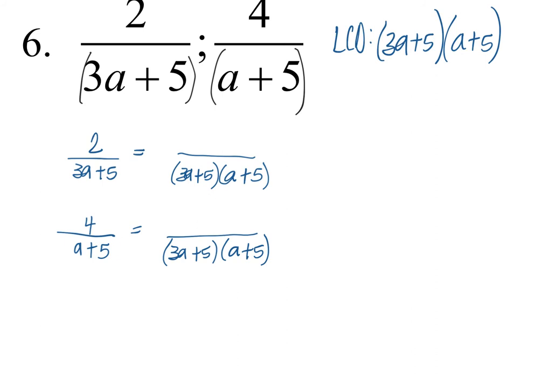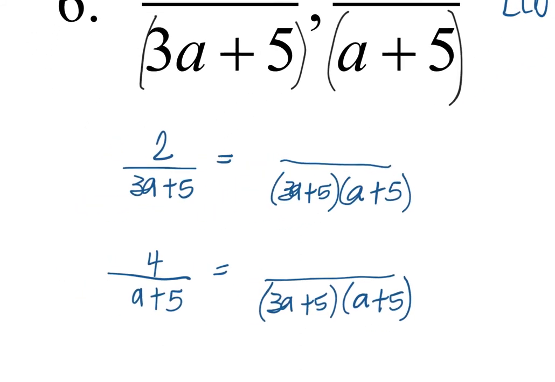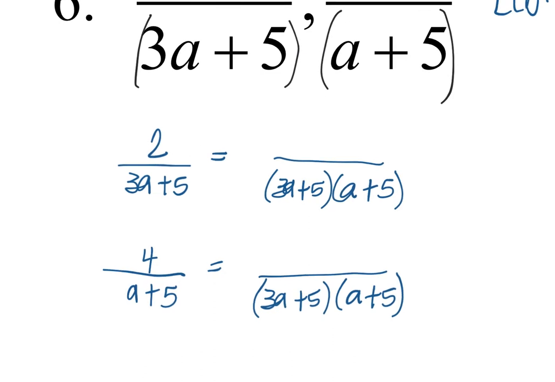So now that we have found that LCD, I want to rewrite both of those expressions so that they have a denominator that is the LCD. So I went ahead and put the new denominator in there. Now I need to think about, what do I need to do to 2 over 3a plus 5? What do I need to do to 3a plus 5 to make it 3a plus 5 times a plus 5?